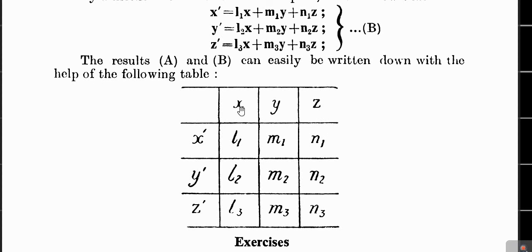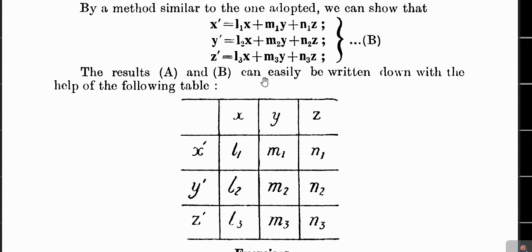Similarly, x equal to L1 into x dash plus L2 into y dash plus L3 into z dash, y equal to m1 into x dash plus m2 into y dash plus m3 into z dash, and finally z equal to n1 into x dash plus n2 into y dash plus n3 into z dash.